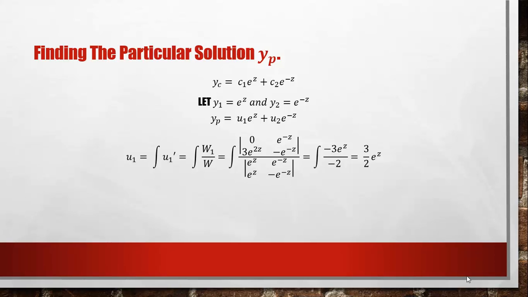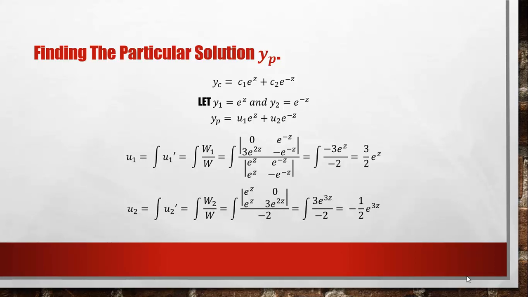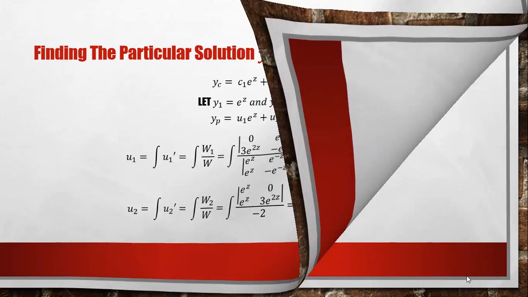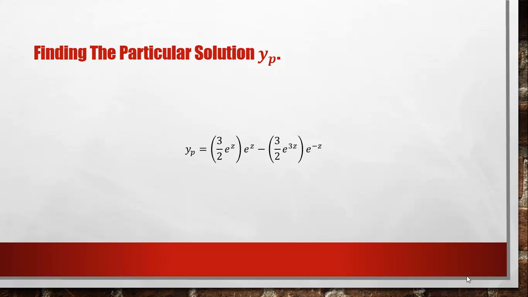Hence, our u1 is equal to 3/2 e to the z, and u2, which is the integral of u2 prime, where u2 prime is equal to the Wronskian determinants w2 over w, we get u2 as negative 1/2 e to the 3z. Hence, our yp is just equal to e to the 2z.